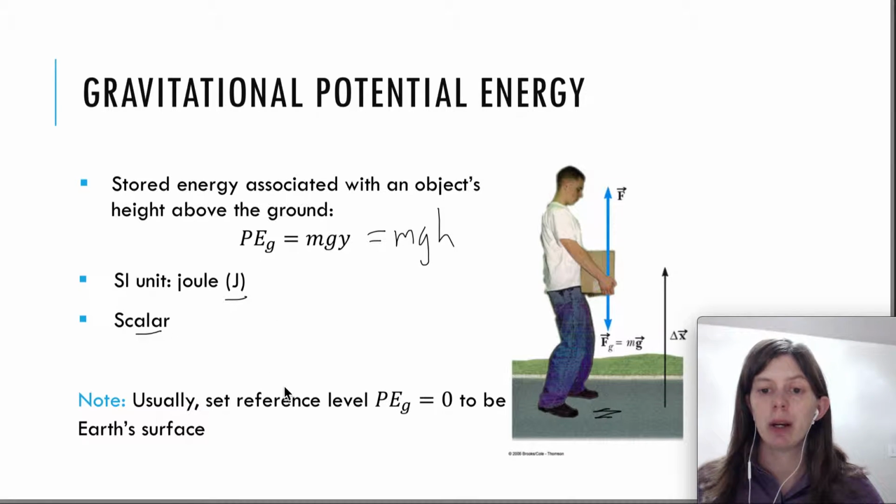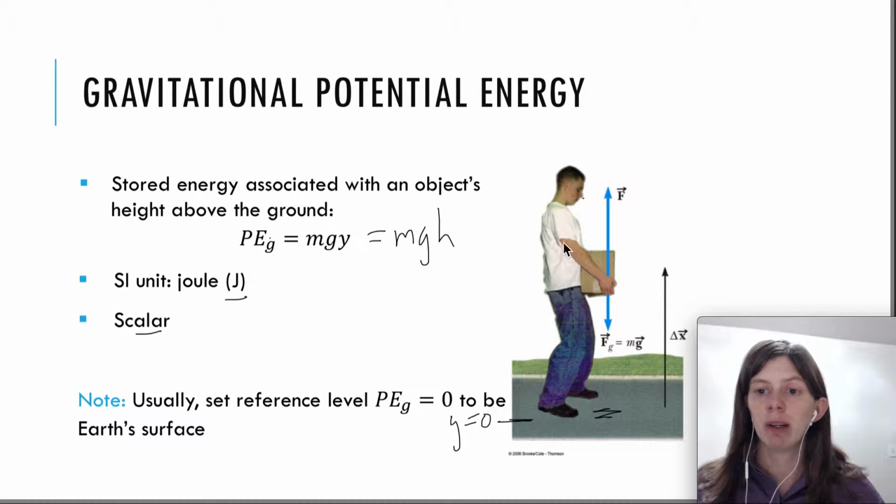I made a note here that usually we set the reference level of having no energy to be at the Earth's surface. So what we're saying is that the ground here, we say, okay, that's a height of 0, y equals 0. So that means if y is 0, you have no potential energy. And then that's your reference level.